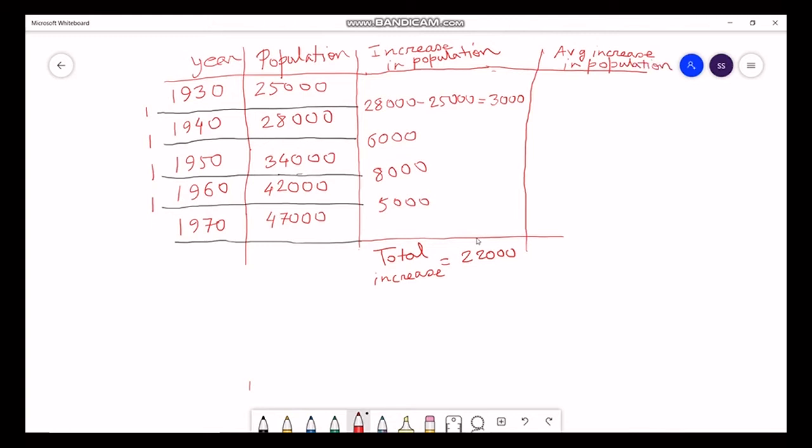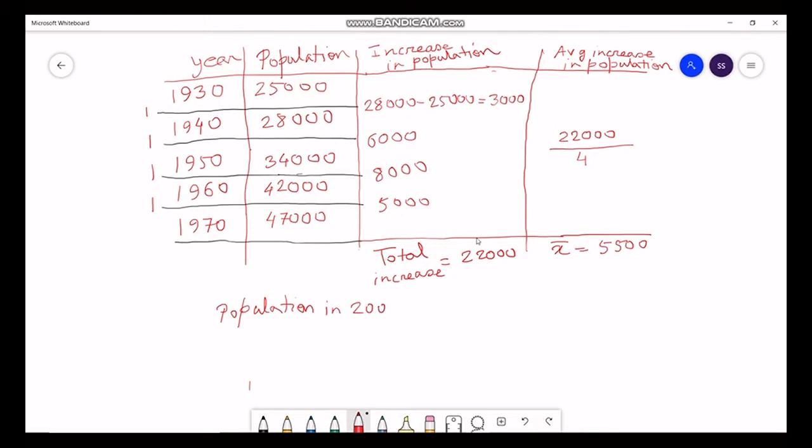So we'll get it by dividing the total increase, that is 22,000, divided by the 4 number of decades. So we get the average increase in population, that is 5,500.